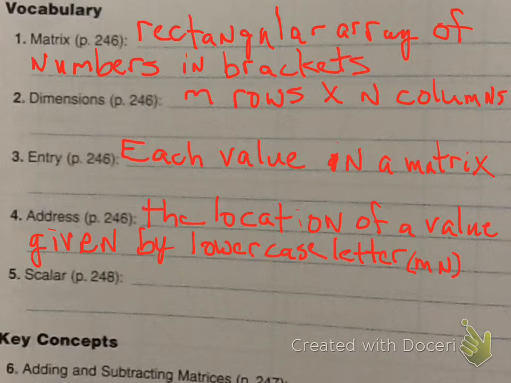That's what I'm trying to show there, like with a lowercase m, subscript mn. You'll see that more later, but basically an address is the location. Where is that value located within the matrix? And then the scalar is a number on the outside of the matrix that will multiply everything inside the matrix. Kind of like the distributive property, but now in the matrix idea.